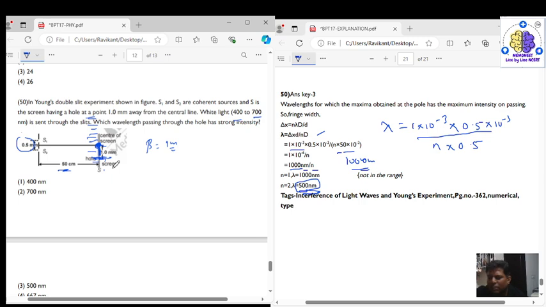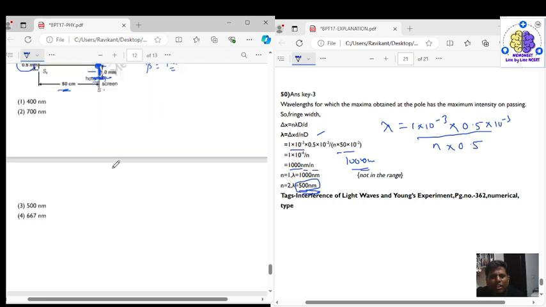So the correct answer for question number 50 is option 3, that is the light of wavelength 500 nanometer will find its maxima at the point where the hole is made in the screen, right?